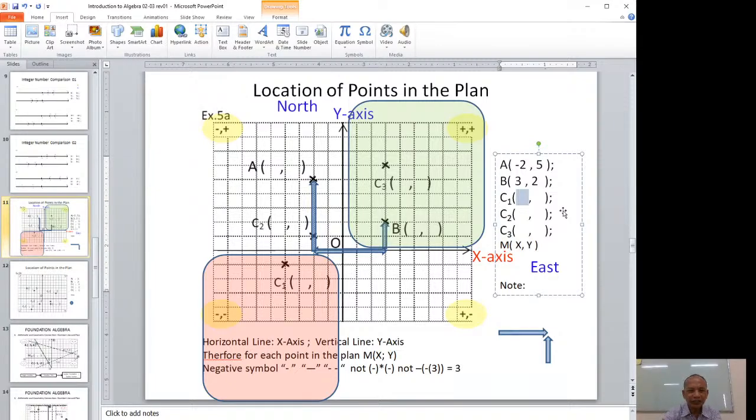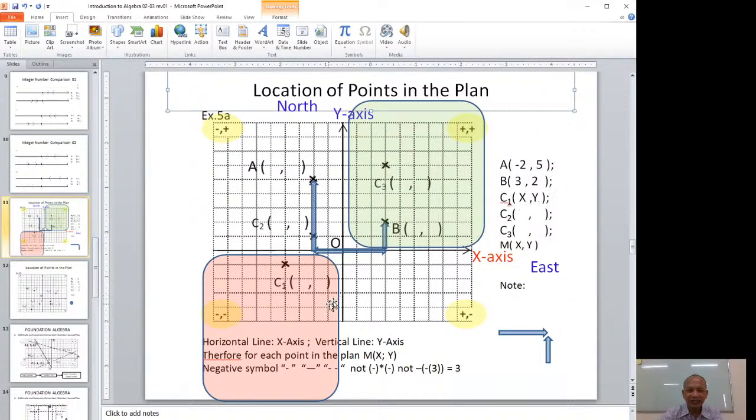The x and y of C1 must both be negative. The x coordinate of C1 and the y coordinate of C1 must both be negative, like this one.